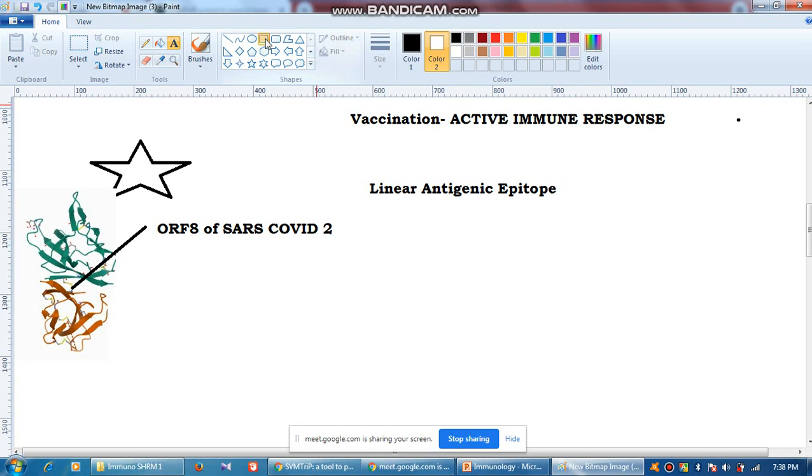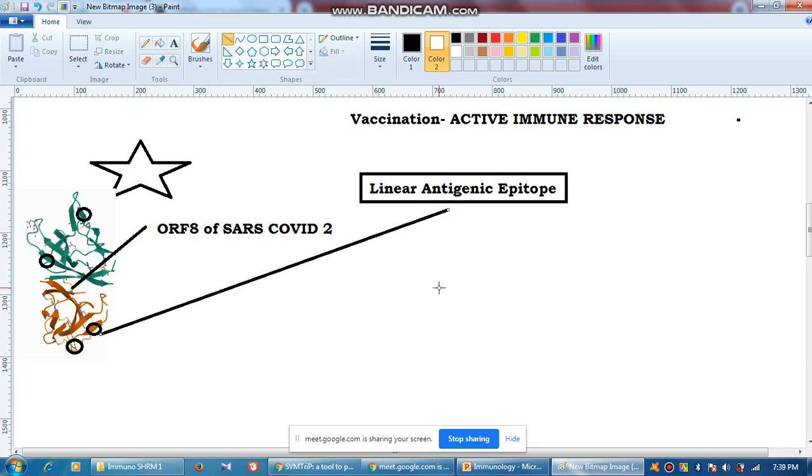These are nothing but small patches on the surface of the protein. It could be here, it could be here, it could be here, it could be even here. Okay, understood?